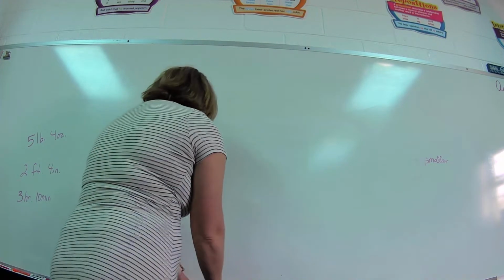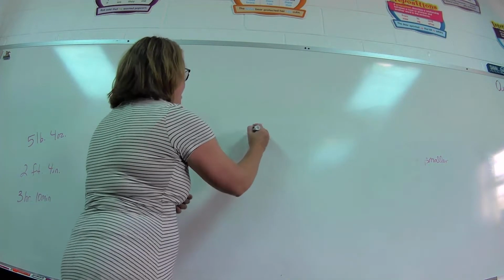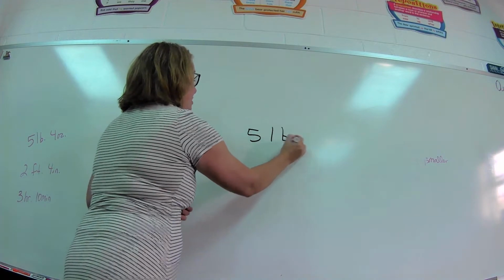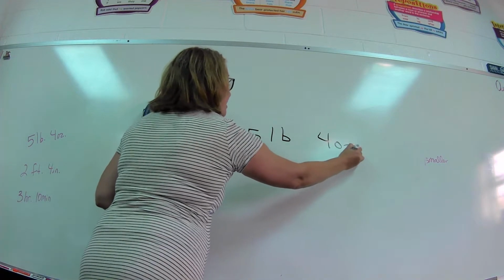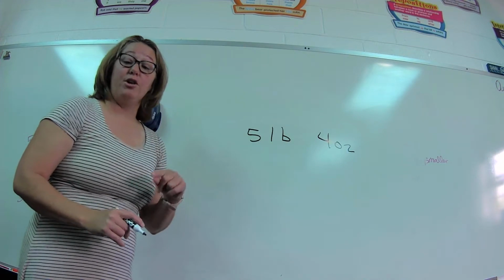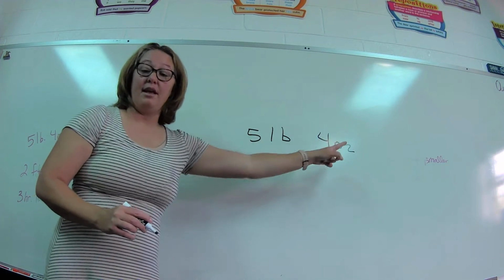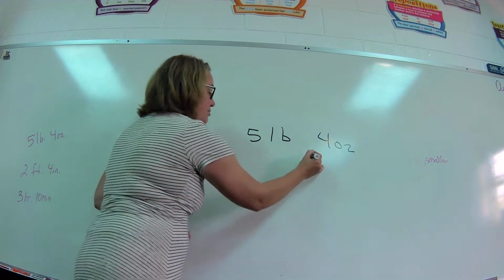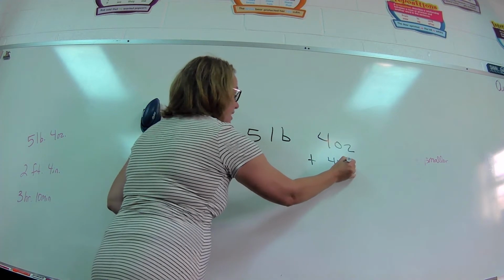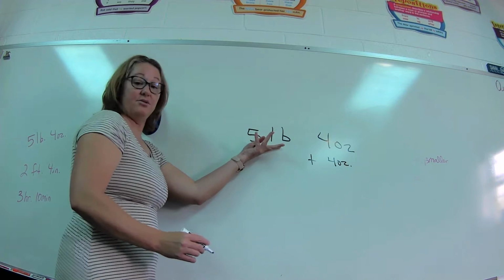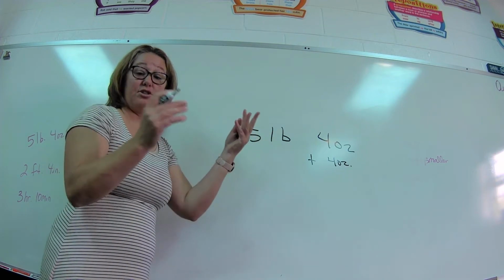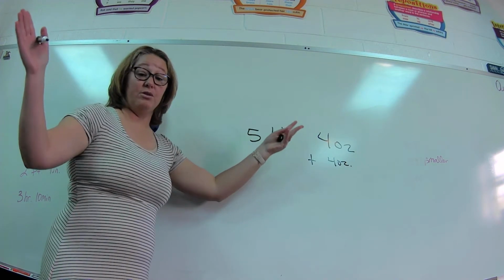All right, so we start out with 5 pounds, 4 ounces. Let's go to the smaller unit first. Well, is pounds or ounces smaller? Ounces are smaller. All right, so we know this is going to be plus 4 ounces. Now, pounds to ounces is large to small. So what do we do when we go large to small?